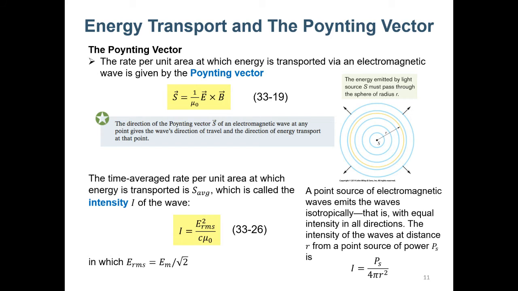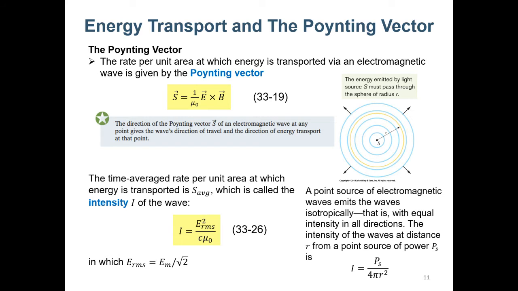So next we talk about the energy transport and the Poynting vector. The Poynting vector is the rate per unit area at which the energy is transported by the electromagnetic wave. A Poynting vector is of course a vector.